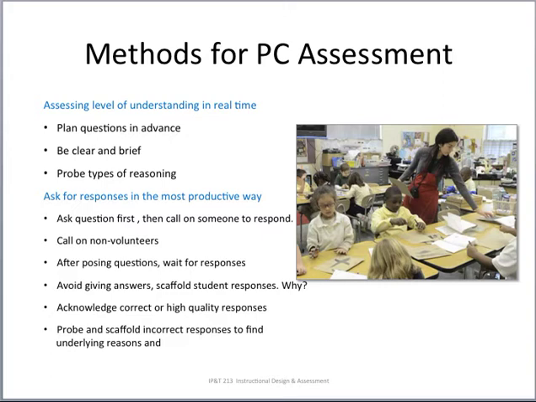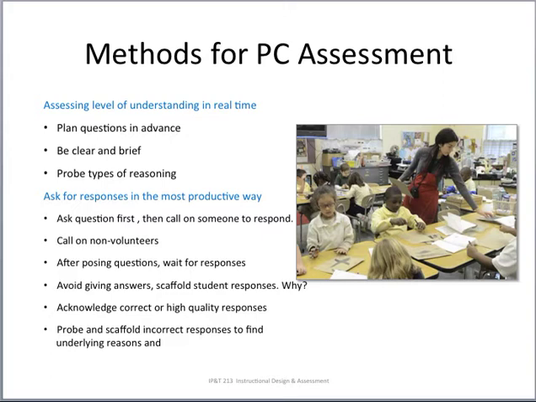Wait time is crucial. When you call on someone, you want to remember Rosenthal's study of the four factors, where you give someone time to respond, you scaffold their responses, and you expect them to be successful, and when they are, you encourage them for their effort, and especially praise that effort.